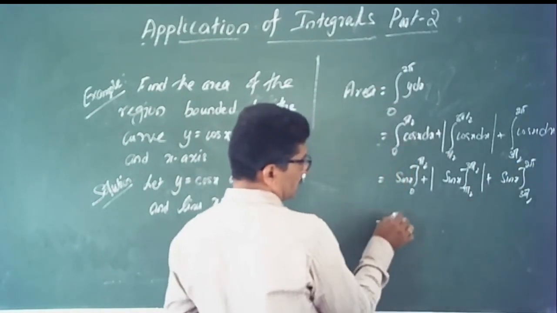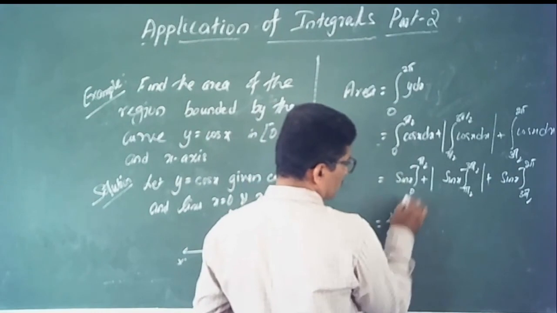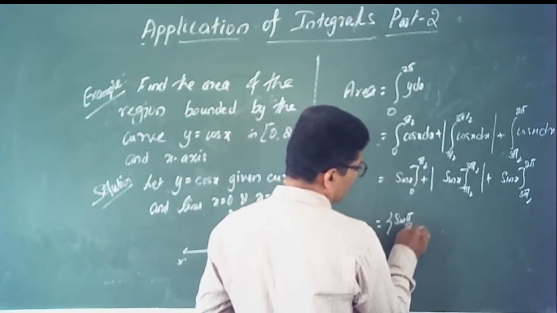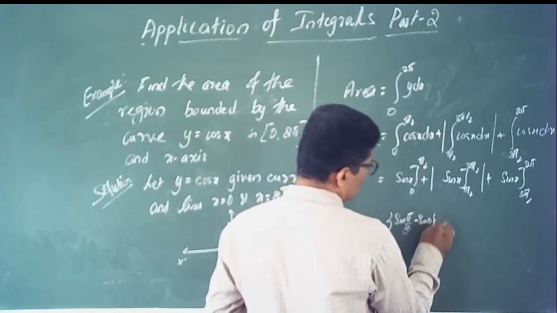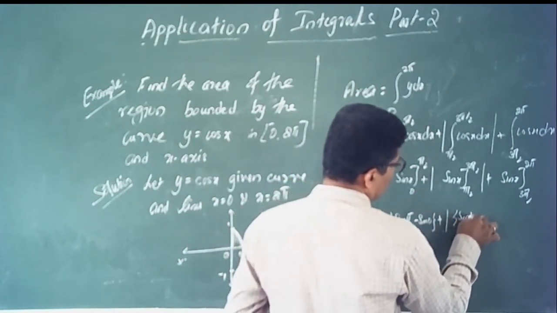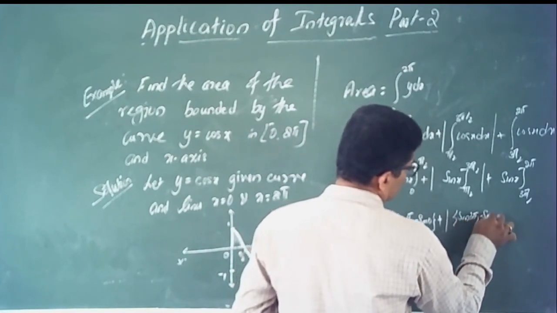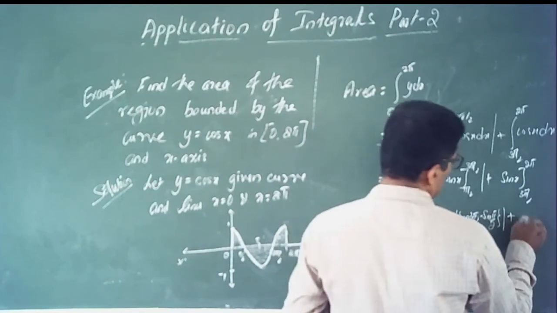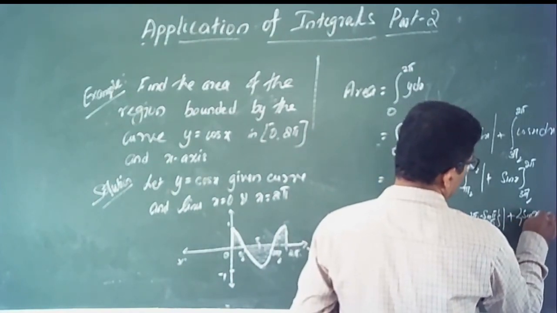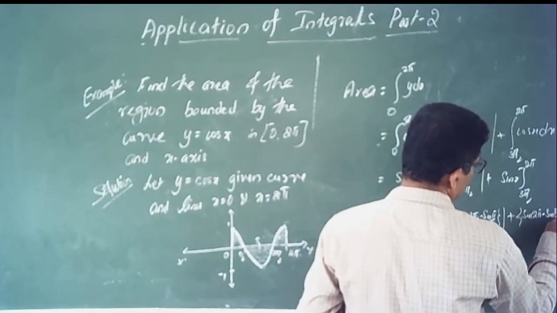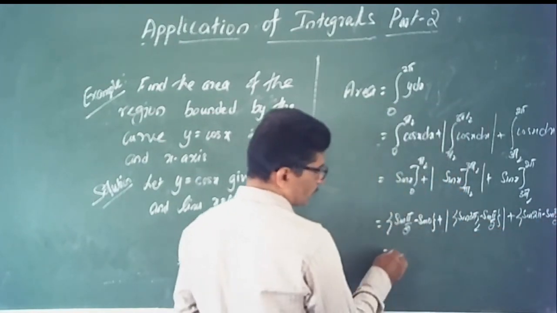Right? Here, first put the value of sin x at x equal to pi by 2: sin pi by 2 minus sin 0. Here also plus modulus of sin 3 pi by 2 minus sin pi by 2, plus here also sin 2 pi minus sin 3 pi by 2. These two portions are above the axis.